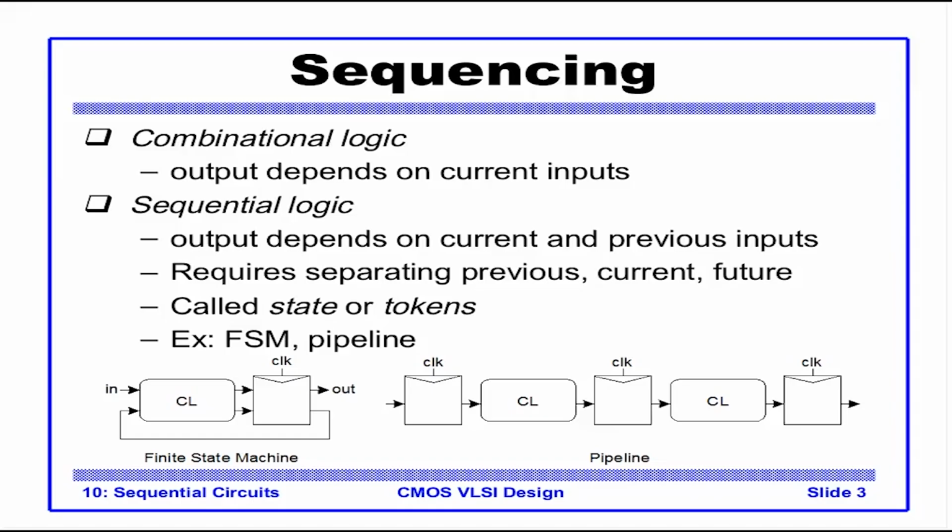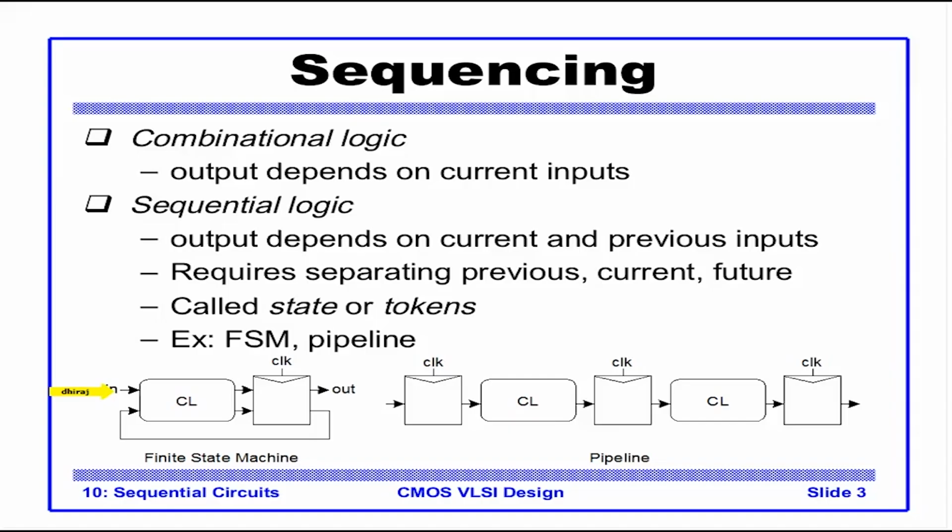You have a bank of flip-flops, a bank of registers, and the output of these registers depends on the inputs and also on what the state of this bank of registers was previously.